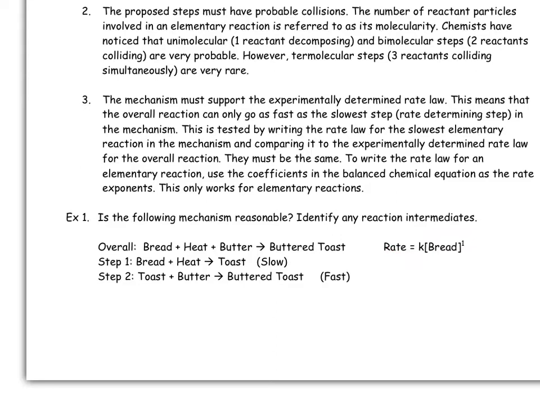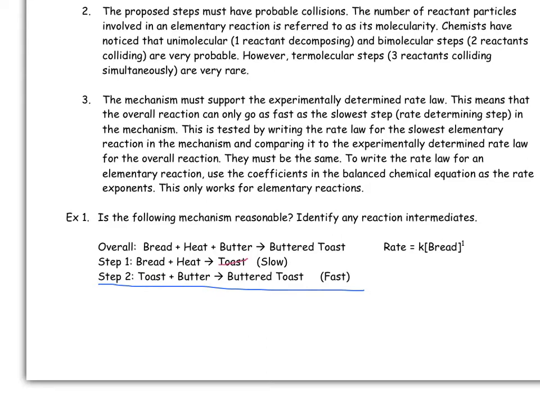Let's see if it passes test 1. Does step 1 and 2 algebraically add together to give us our overall reaction? Remember when we were algebraically adding equations through Hess's law? If you have the same chemical on opposite sides of the arrow, you subtract their amounts. If they are on the same side of the arrow, they add together. So here I have toast repeated in both of my equations.